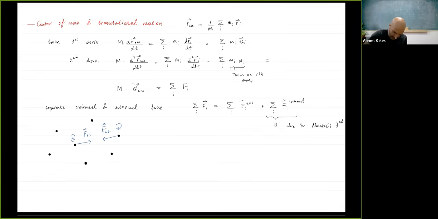So what I find is M times a center of mass is equal to the sum over all external forces acting on each mass. Good.